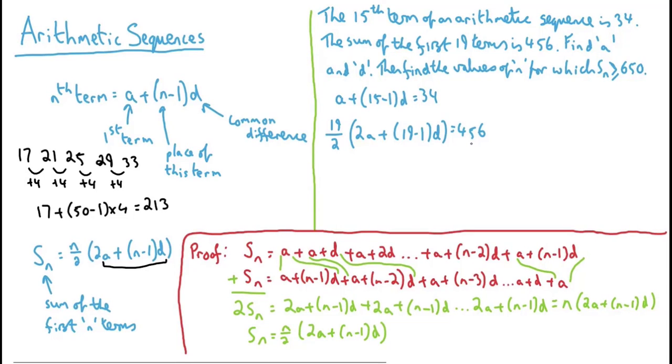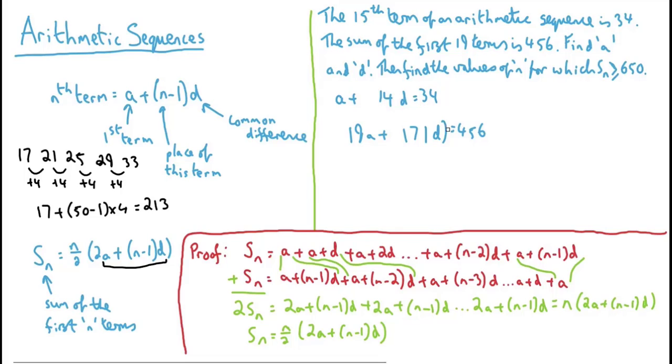If at this stage we just wanted to simplify, we can say that 15 minus the 1 is going to leave you with 14d, and here 19 over 2 times 2a, well, they divide by 2 times by 2, they're going to cancel, leaving you with just 19a, and here the 19 minus 1 is going to give you 18, and then the 19 over 2 times 18 is going to give you instead 171d equals this.